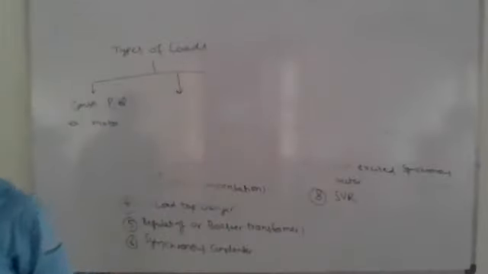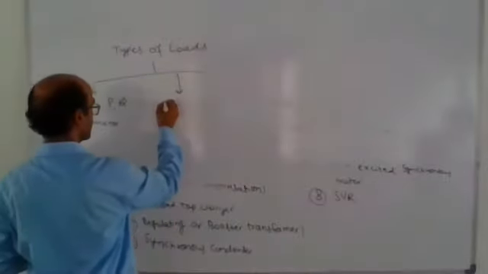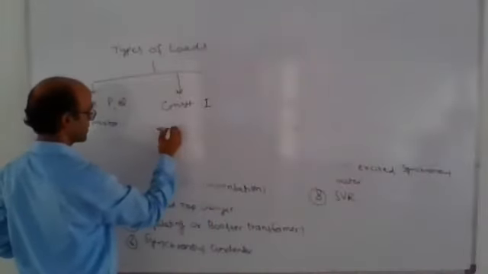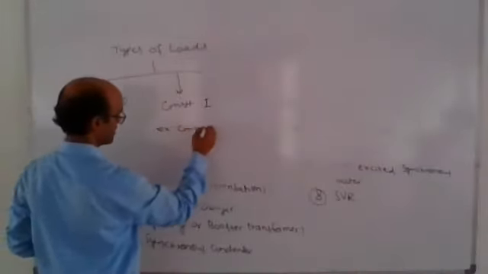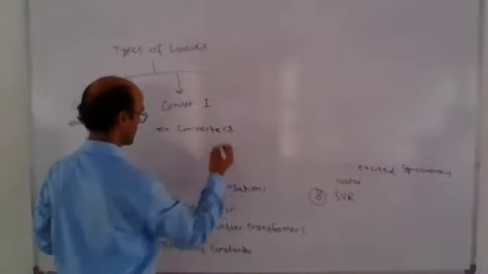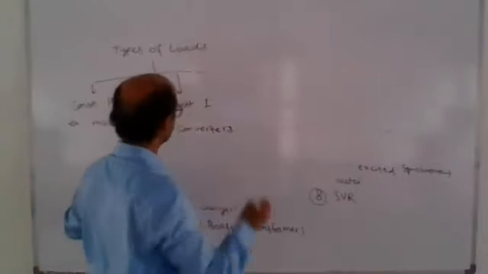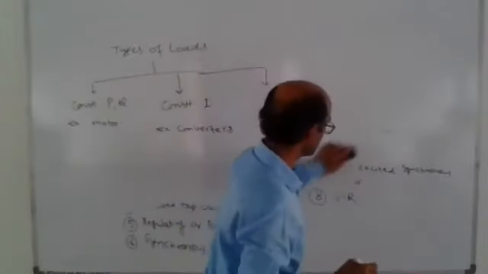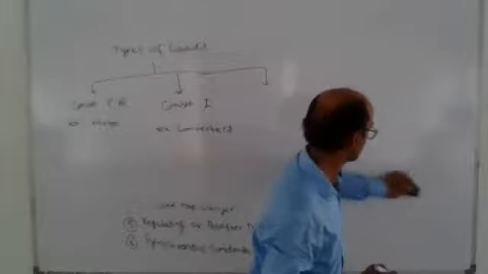Another kind of load is constant current load. Example is converters, power electronics converters. And another one is constant impedance load.